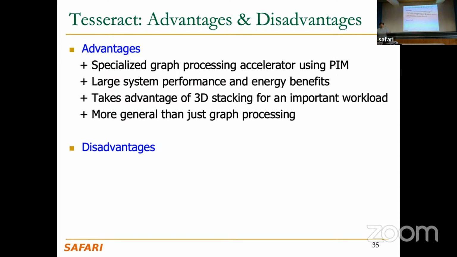And it could potentially be more general than just graph processing. In the end, Tesseract is composed of in-order cores. These in-order cores can have relatively large instruction sets, so they can be relatively general purpose. So you could map other applications onto this accelerator as well.